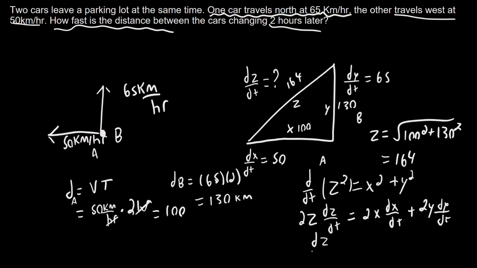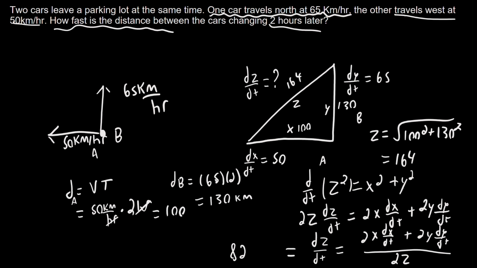Now if we rearrange for dz over dt, we're going to get 2x dx over dt plus 2y dy over dt divided by 2z. So if you plug that all in, you'll be left with 82 kilometers per hour. And that's your final answer.